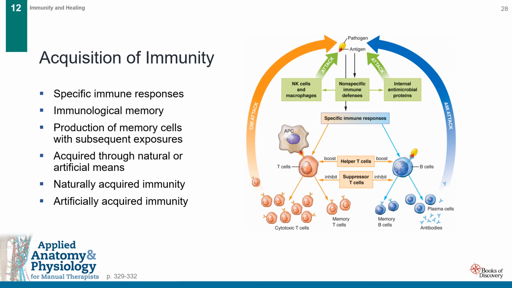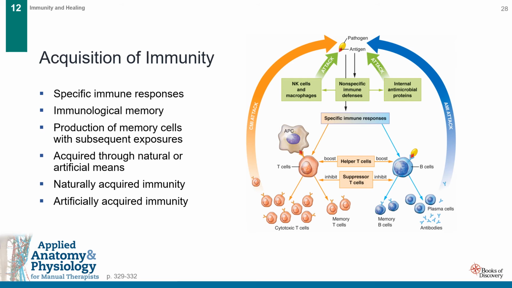During initial exposure, there are only a few lymphocytes with the correct antigen receptors to initiate a response. During a second or subsequent exposure, there are thousands of memory cells available, which increases the possibility of the antigen activating one of these specific lymphocytes. The second response is also more intense.